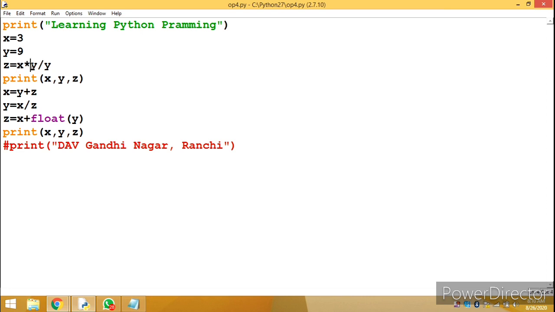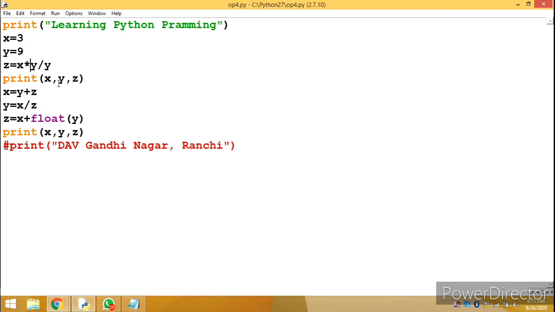So y divided by y, that means 9 divided by 9, is equal to 1, and x here is holding the value 3, so it will be 3 into 1, which is equal to 3. So x has the value 3, y has 9, and z again has the value 3.